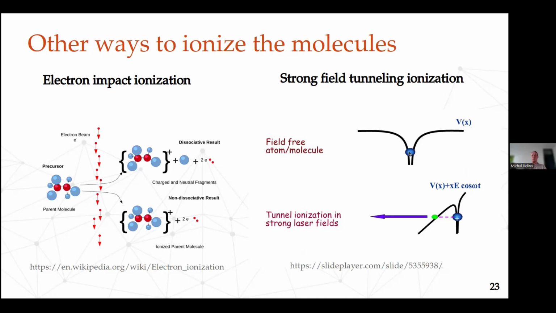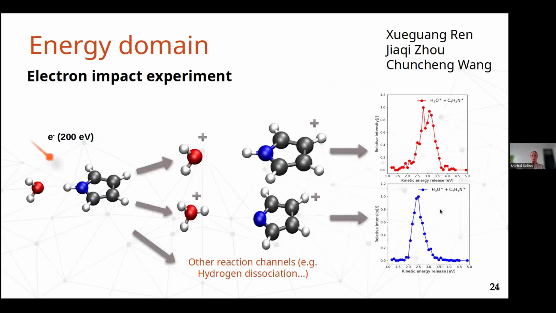This is a very schematic depiction of the potential around some atom, and when you put this atom in an electric field strong enough, you change this plane to some slope, and then the electron, as it has a quantum nature, can tunnel through this barrier, and then you create your ionized molecule.